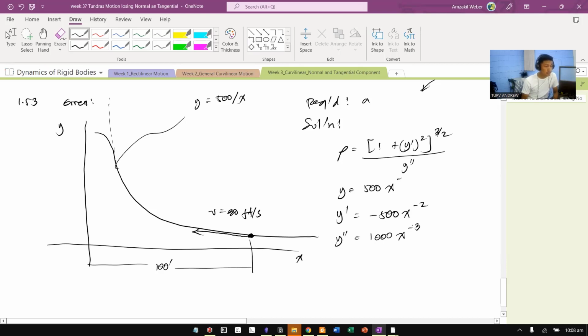So what is the value of y prime and y double prime at x equals 100? y prime at 100 is 500 divided by 100 squared, which is negative 0.05. What about y double prime at 100? 1000 divided by 100 cubed, which is 0.001.